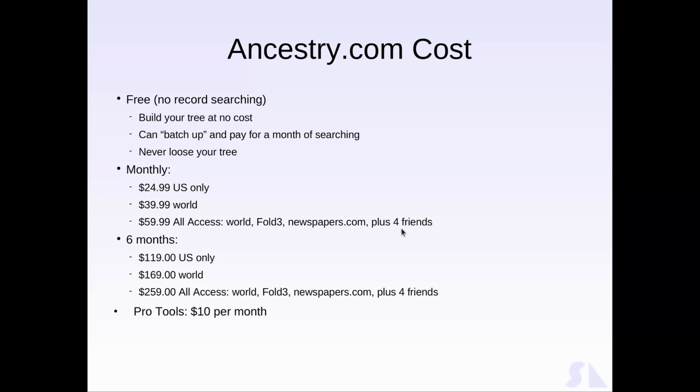You also get free access for 4 of your friends or relatives. So 4 of your friends and relatives can create accounts and come in under your account at no additional charge. And then there's also Pro Tools, which is an additional $10 a month. So that's the basic charges for it. But again, you can do this as a free account, you just don't have the searches while it's free.